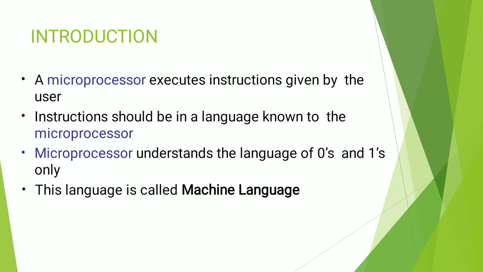Means a computer uses binary digits for its operation and understands information composed of only zeros and ones. Hence the instructions are coded and stored in the memory in the form of zeros and ones. A program written in the form of zeros and ones is called a machine language program.